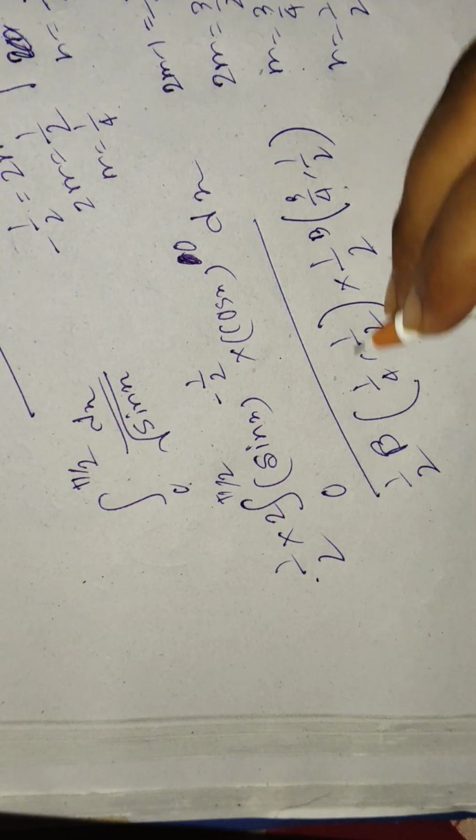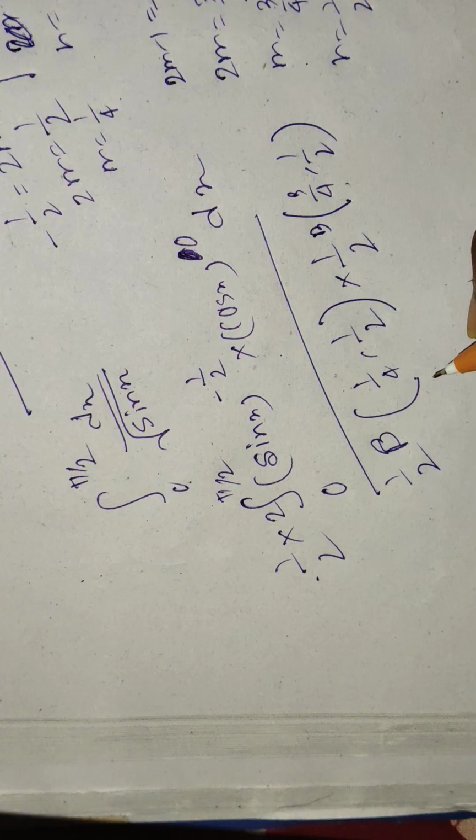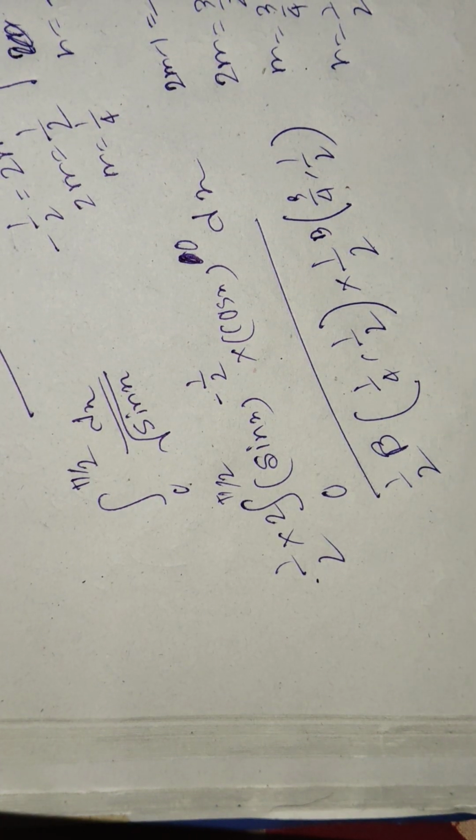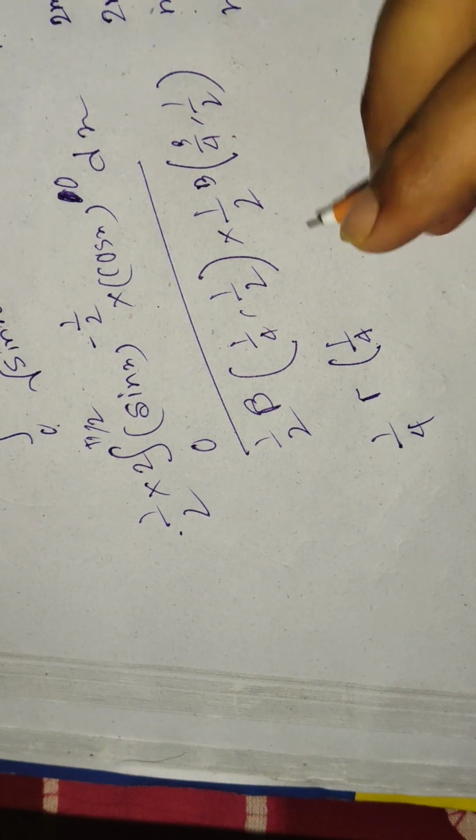Now this is beta(1 by 4, half), and basically you can replace it using the relation between the gamma function and the beta function, which we had told in the previous video.